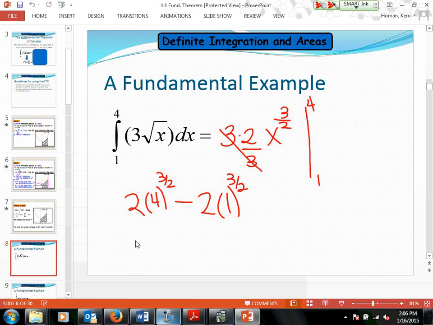What does 3/2 mean as a power? Cube and then square root. What's the square root of 4? 2. Cubed, times 2, minus, well, this is just 1.